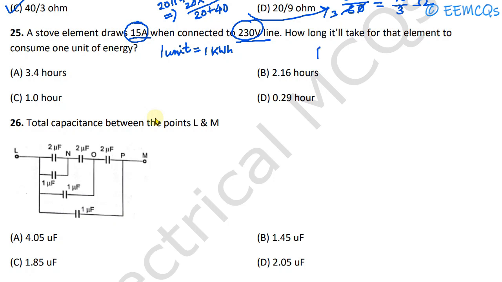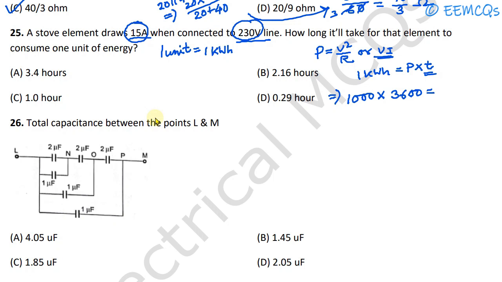So we know power is also given by V square by R or VI. So here the energy given will be 1 kilowatt hour is equal to P into T, that is the time, and this time is required to be found out. Okay, so 1 kilowatt hour is nothing but 1000 into 3600 joules, as 1 hour means 3600 seconds.